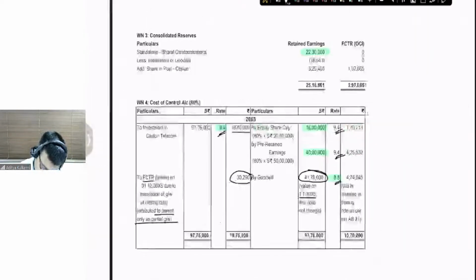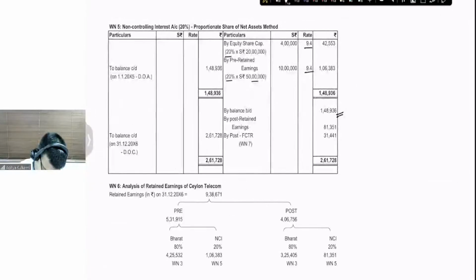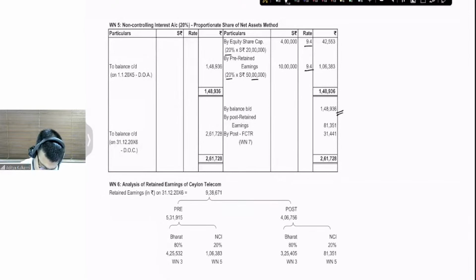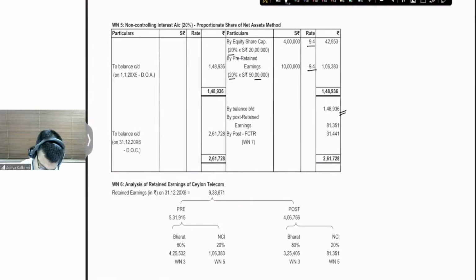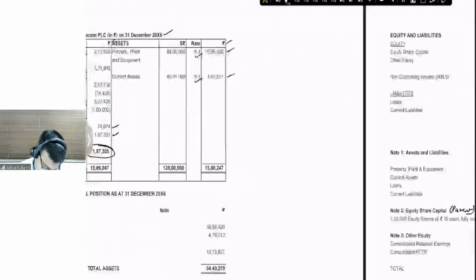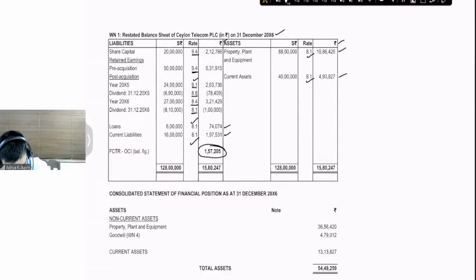Retained earnings in rupees on 31st December 20x6, minus 78,409.